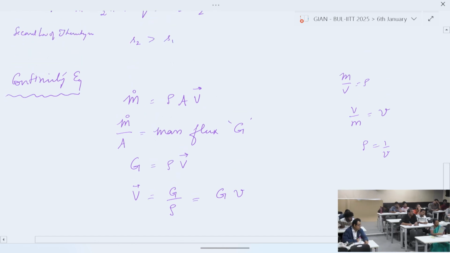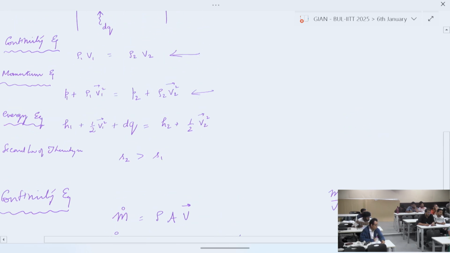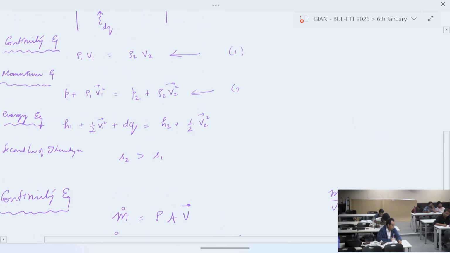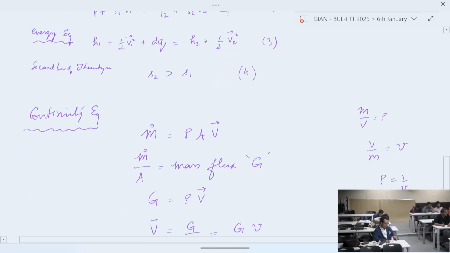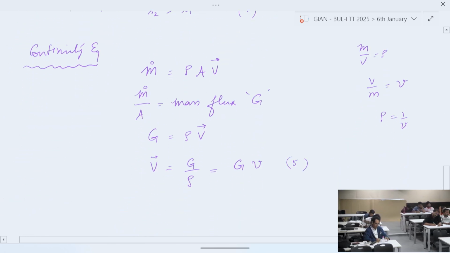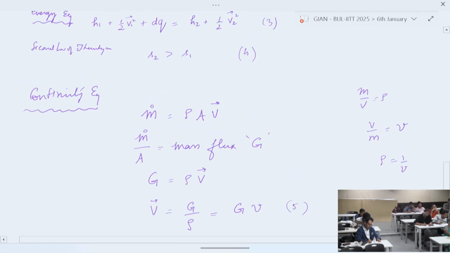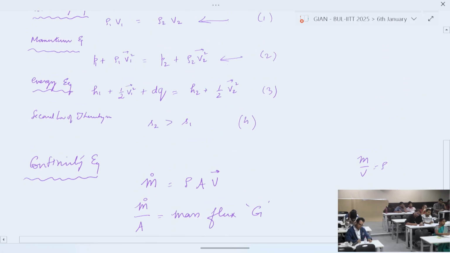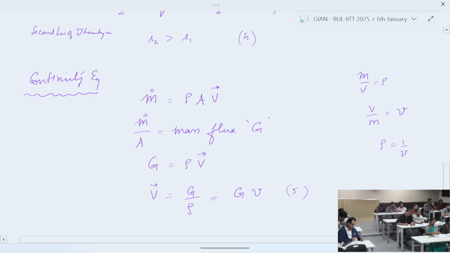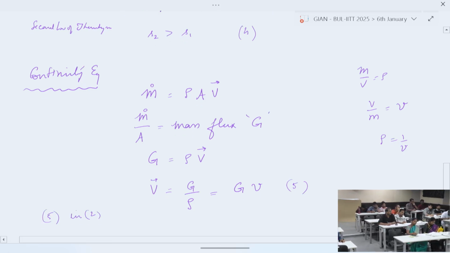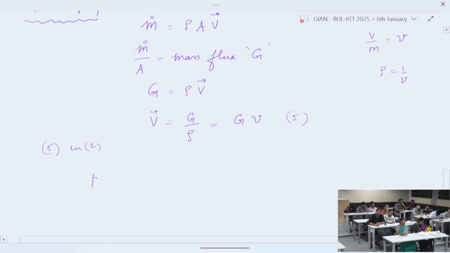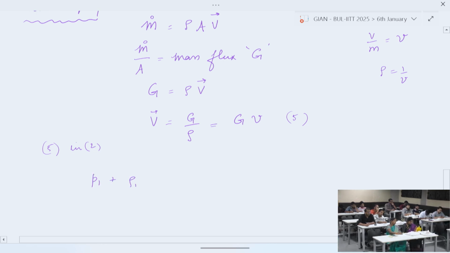Now I'm going to substitute what we have here. So this is 1, this is 2, this is 3, and then this is 4. So now I can write here, this is 5. Substituting 5 in the momentum equation, 5 in 2, we'll get P1 plus rho 1.